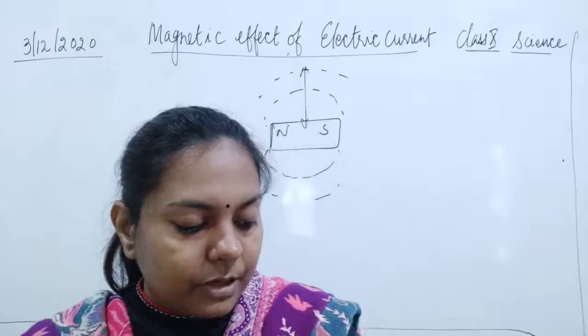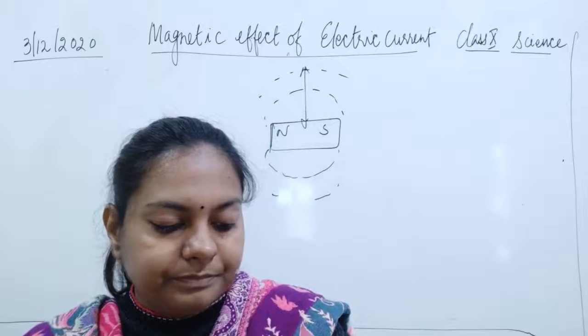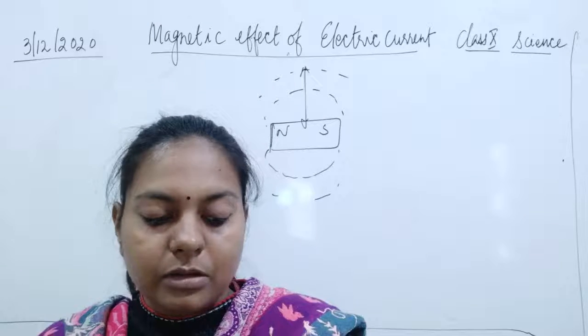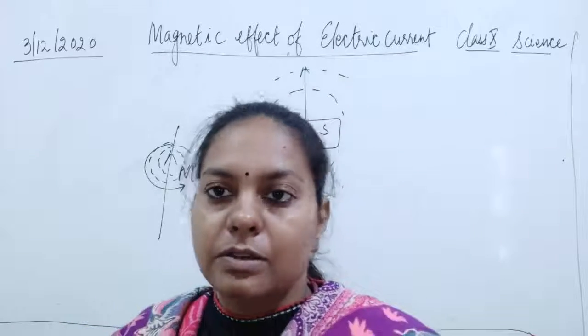And today I am going to discuss the direction of the magnetic field produced by circular loops, or how the magnetic field is generated in a circular loop.